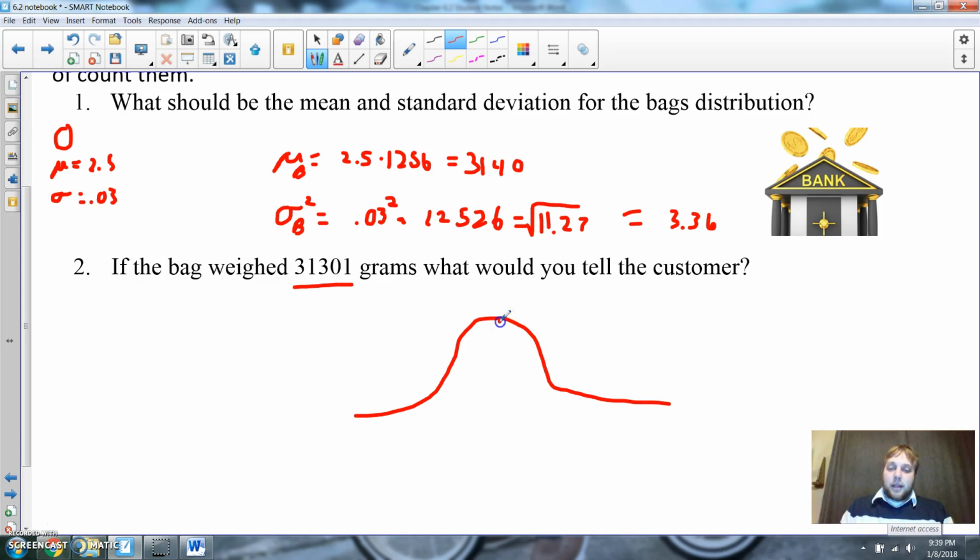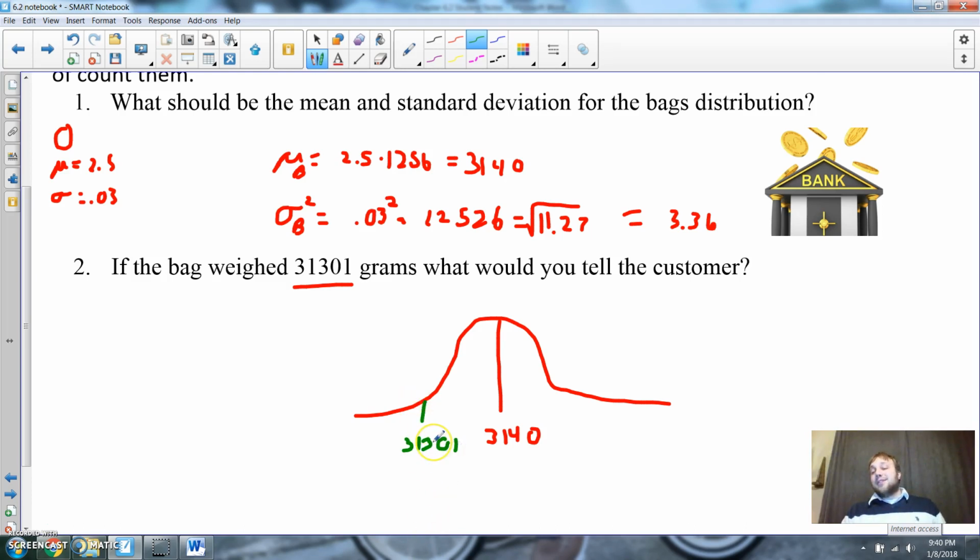The middle of my curve, where I should expect the bag to be, is at about 31,315. However, when I weighed it, it weighed 31,301.